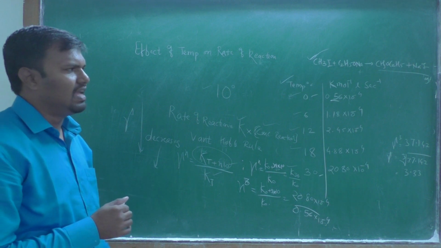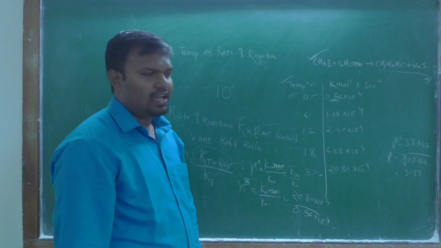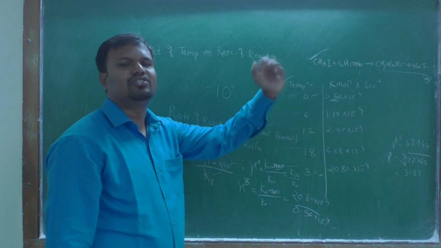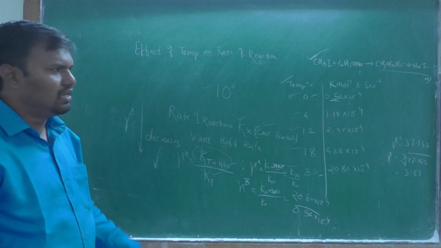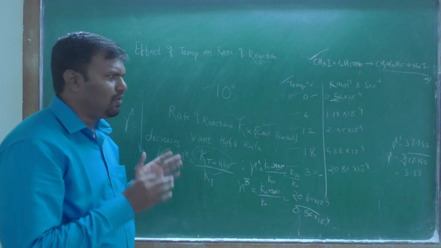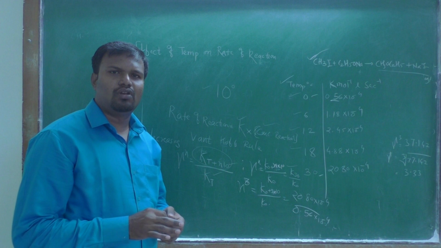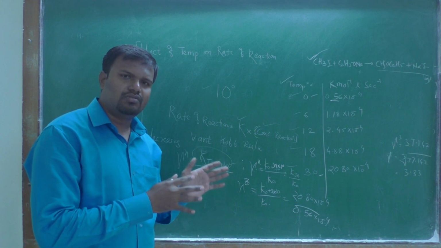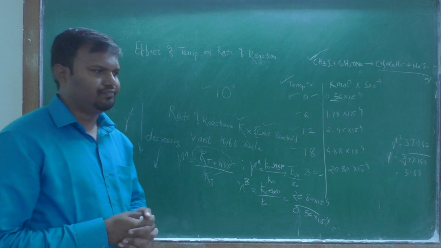And now we find that there is a relation: K increases as the temperature increases. Therefore K, that is the rate constant, plays a very important role in finding the rate of reaction.